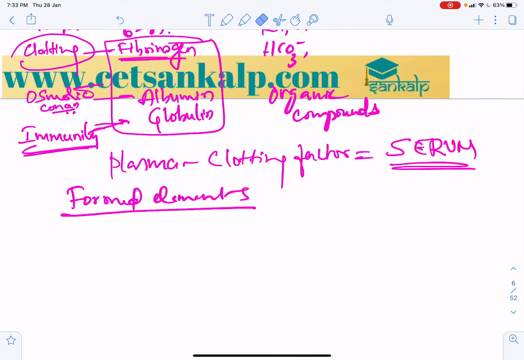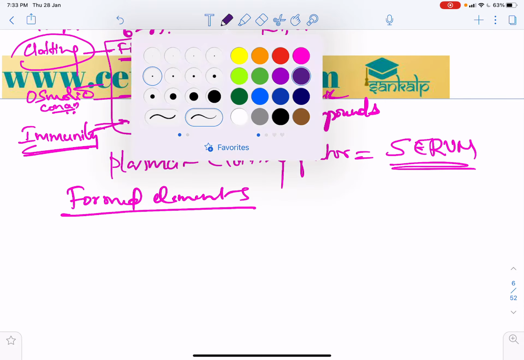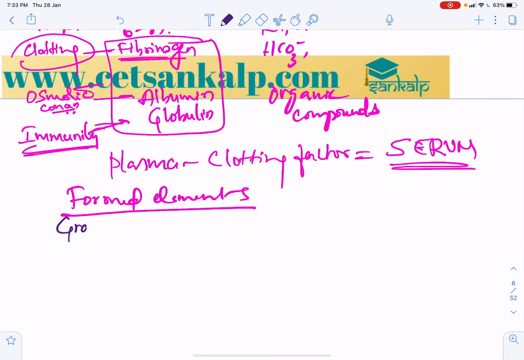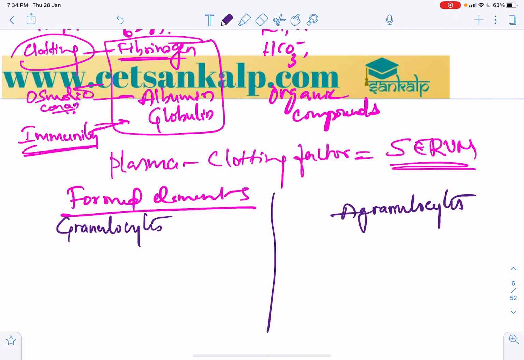First, granulocytes, because they have granules. Granulocytes and agranulocytes. Granulocytes means there will be granules present within the blood cell. So here in detail we can discuss this.